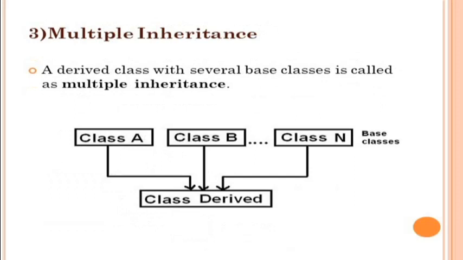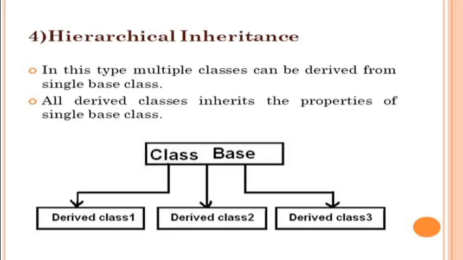Multiple inheritance. A derived class with several base classes is called multiple inheritance. Means multiple base classes, classes A, B, C, these are all the multiple base classes and only one derived class. Then this is called multiple inheritance. Hierarchical inheritance. In this type, multiple derived classes are there and only one base class.